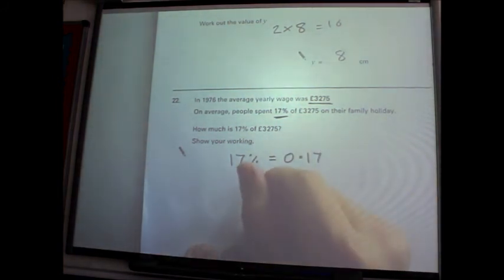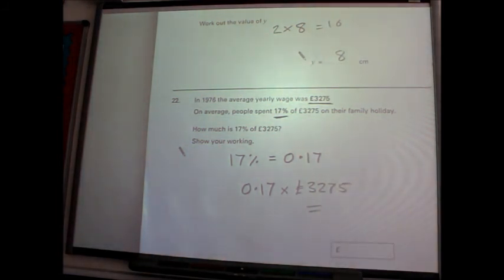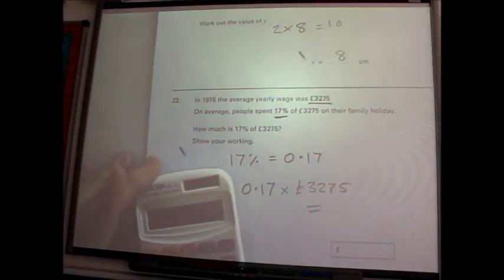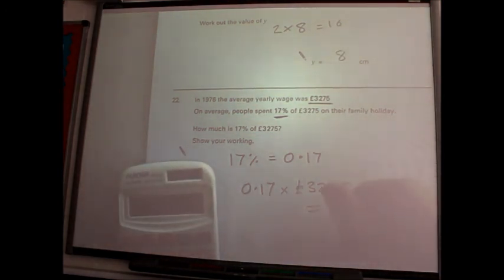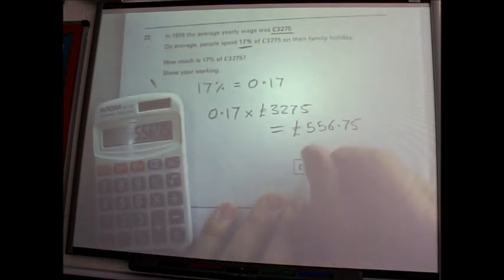And then all you need to do is 0.17 times £3,275. So on your calculator, type in 0.17 times 3,275, and the answer you get is £556.75p. So 556.75.